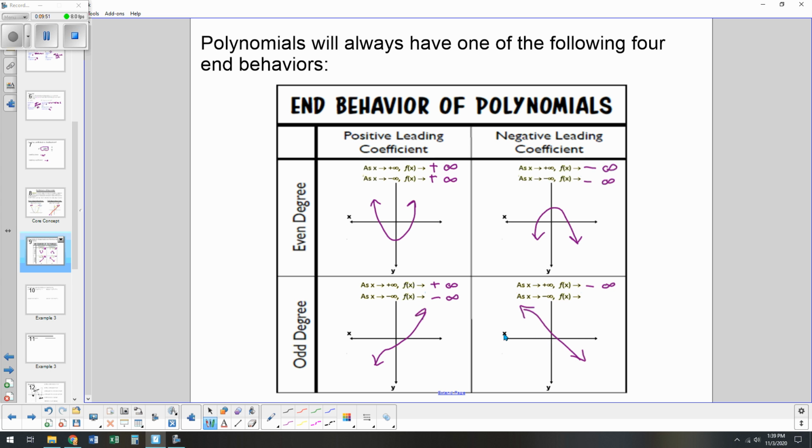And as x goes to negative infinity, the arrow is pointing up to positive infinity. So odd always goes opposite directions, and even always goes the same direction. For even, positive is positive and negative is negative. For odd, positive goes with positive for positive, and positive goes to negative for negative.